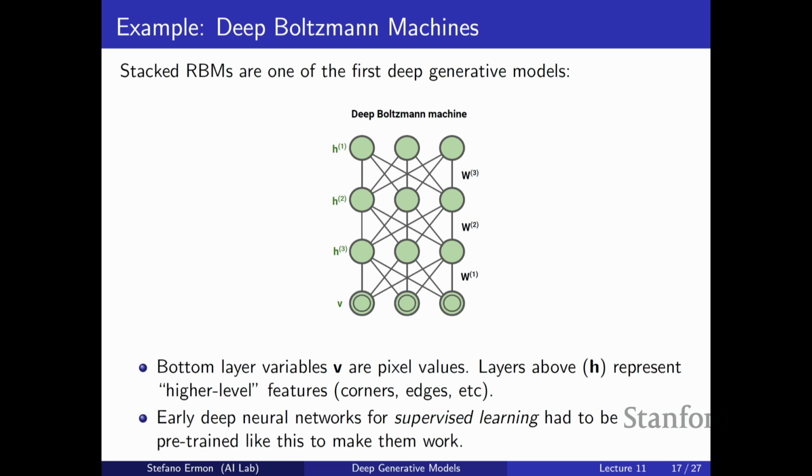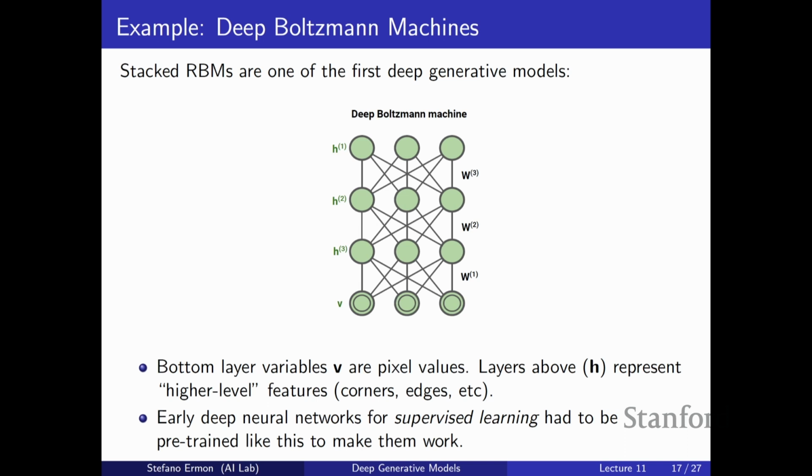It's actually pretty interesting that in the very early days of deep learning, people were not able to train deep neural networks very well. Even in the supervised learning setting, things didn't quite work. The only way they were able to get good results was to pre-train the neural network as a generative model. They would choose an architecture like this deep Boltzmann machine, and train the model in an unsupervised way as an RBM, just as an energy-based model, training the weights of these matrices through some technique that we'll talk about later in this lecture.